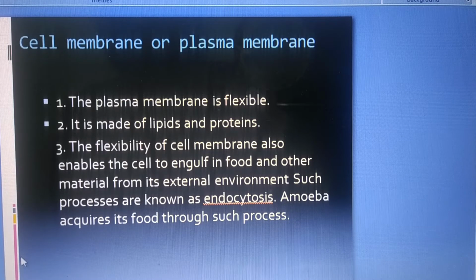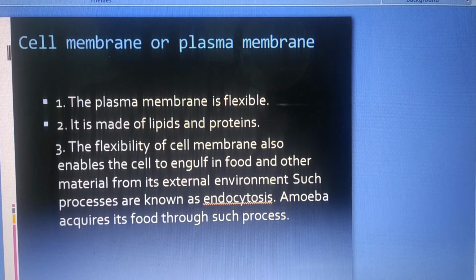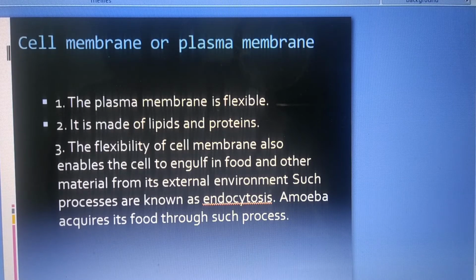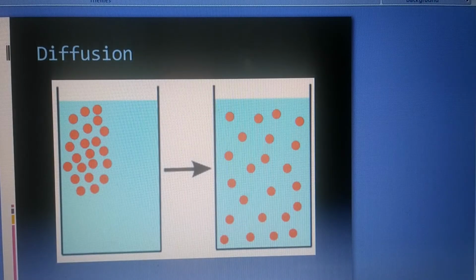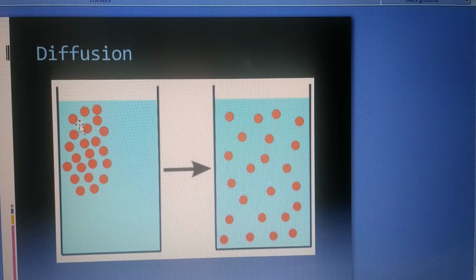Let us see the other characteristics also. Here there is diffusion, one important phenomenon which we are going to study. What is diffusion? When you take a beaker or glass of water and put a drop of ink in it, it may be red ink.